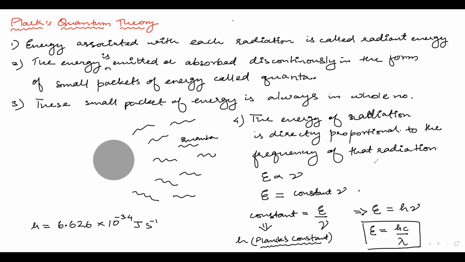So H is equal to what? Energy. This is in joules. Nu is in second inverse, correct? Energy is in joules, and nu is in second inverse. Write this thing down. Planck's quantum theory.